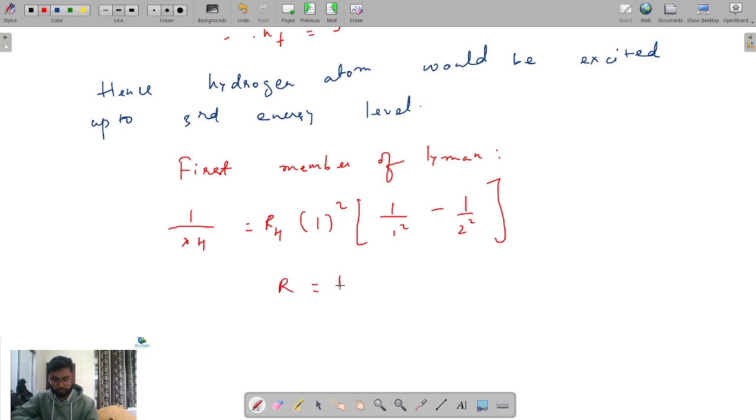R equals 0.097 into 10 to the power of 7 inverse, and lambda is 1.5 angstrom.